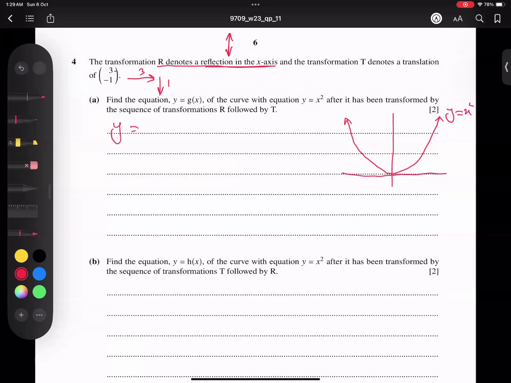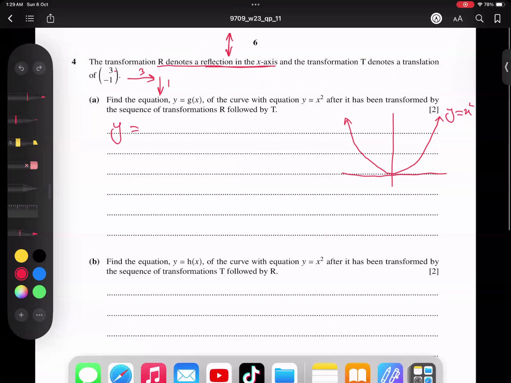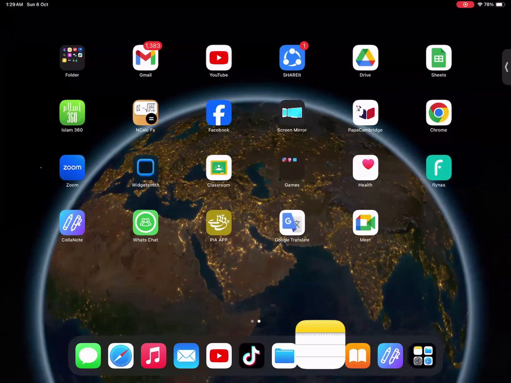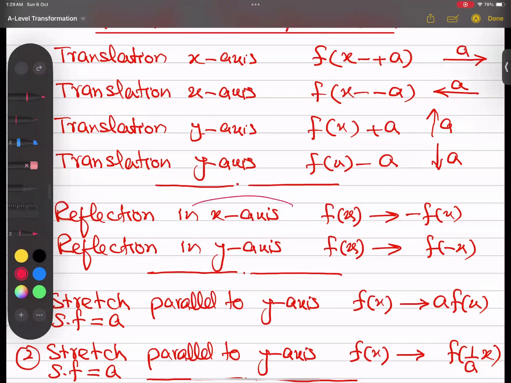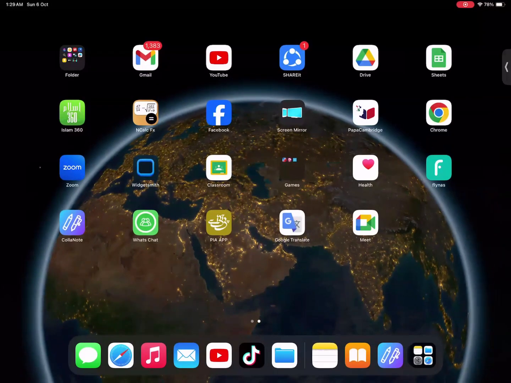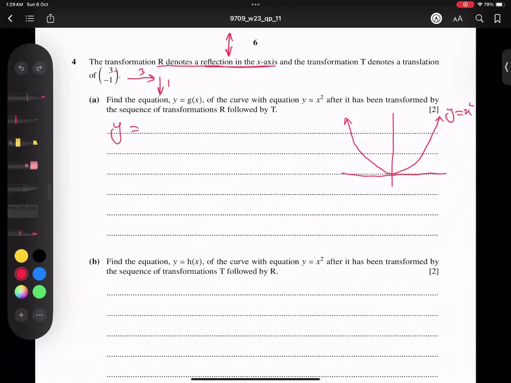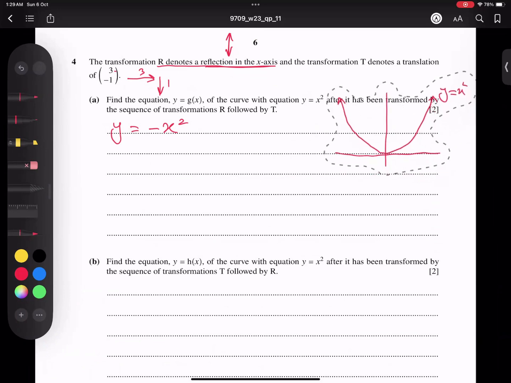For reflection in the x-axis, we multiply the whole equation by -1. Multiplying the whole equation by the negative sign. So this whole equation multiplied by -1 gives -x squared. Then this graph will reflect, and the diagram will become what kind of diagram? I will show you.